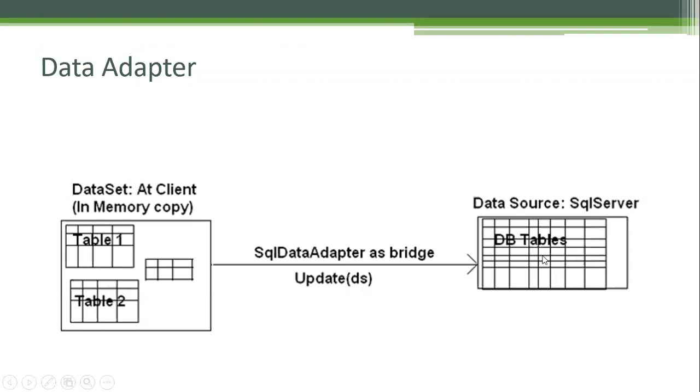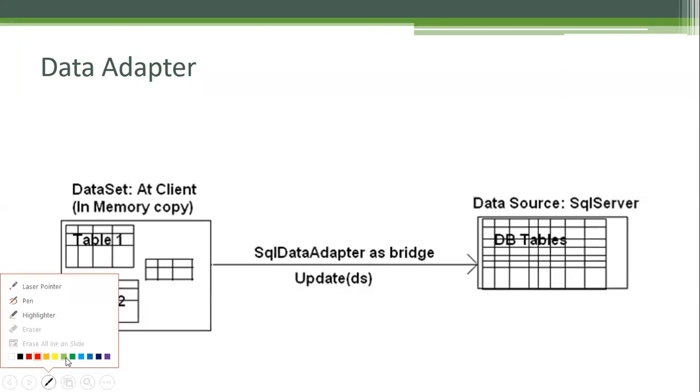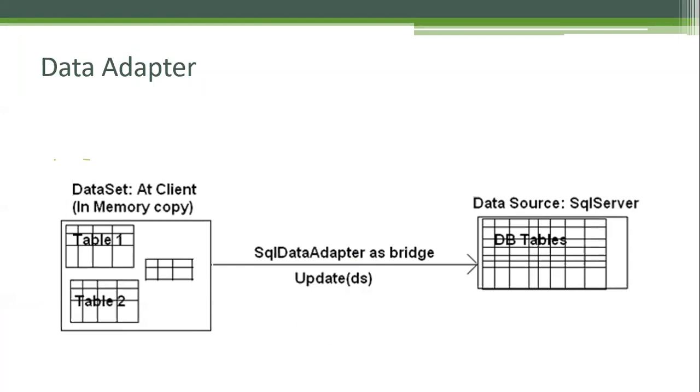So from different tables, I'm reading the data with a data adapter. Adapter will act as a bridge. Okay, it fetches the data from the tables of the database and fills it into dataset. So that will be filled into dataset.